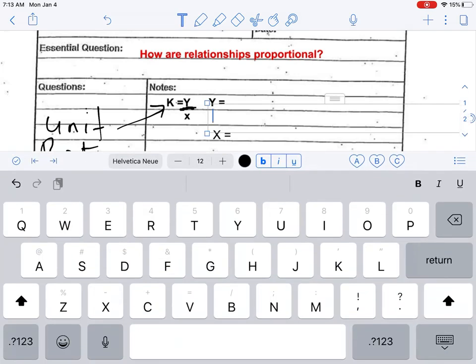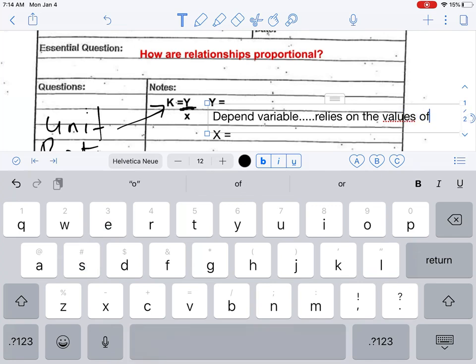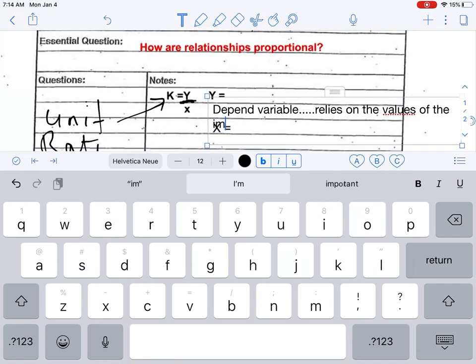The y in this equation represents the dependent variable. A dependent variable relies on the values of the independent variable.